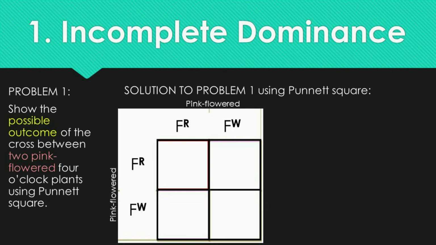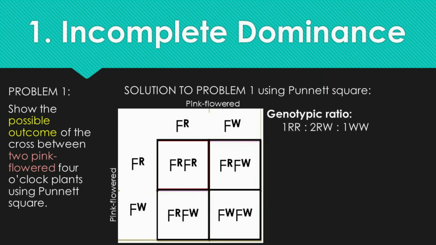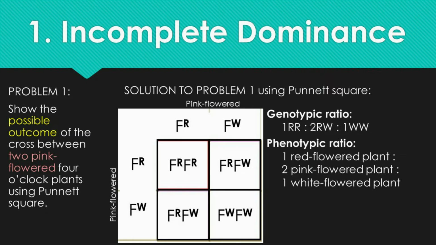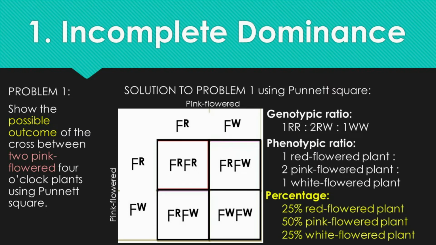Then write the combination of the letters in the square, one from first parent and the other one from the second parent. The answer to problem number 1 is the possible outcome will be 25% of having red-flowered 4 o'clock plant, 50% of having pink-flowered 4 o'clock plant, and 25% of white-flowered 4 o'clock plant.